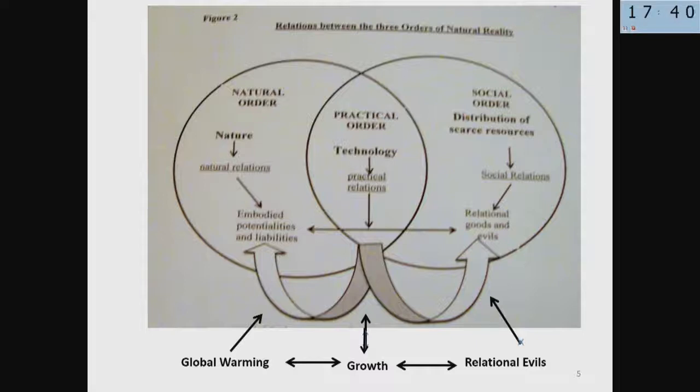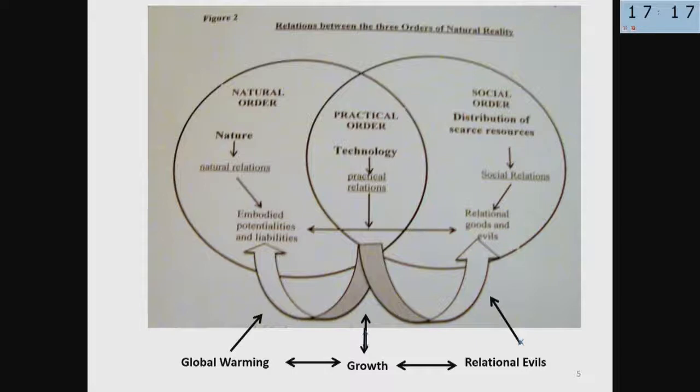Now, why is this the case? Mainly because competition is inherent in capitalist production. I've called it the imperative of growth, but I suspect I have stolen that from Joseph Schumpeter.